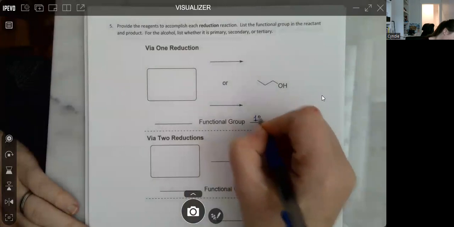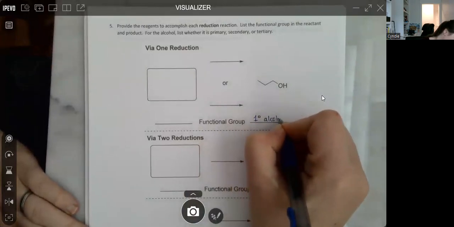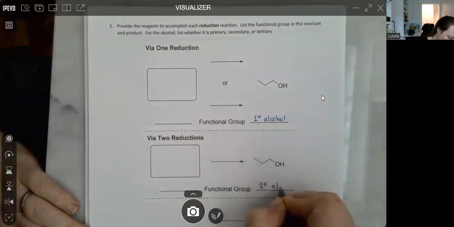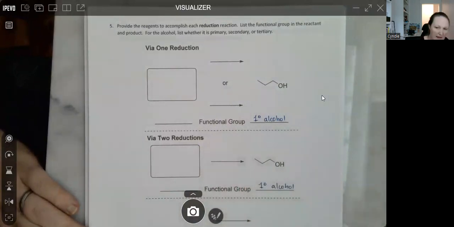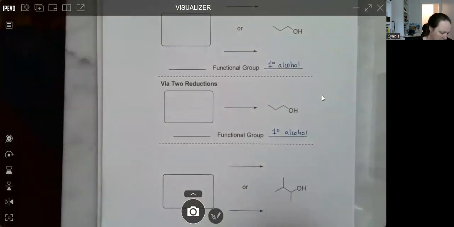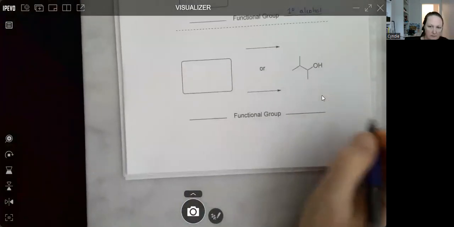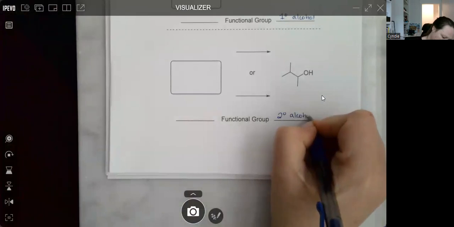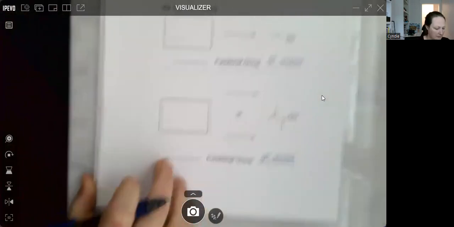So primary alcohol, and that's the same in the second case here. And then in the third reaction, we have a secondary alcohol. Okay.